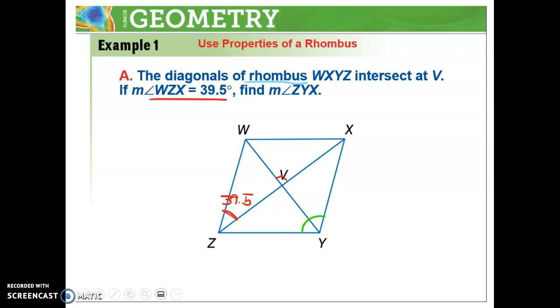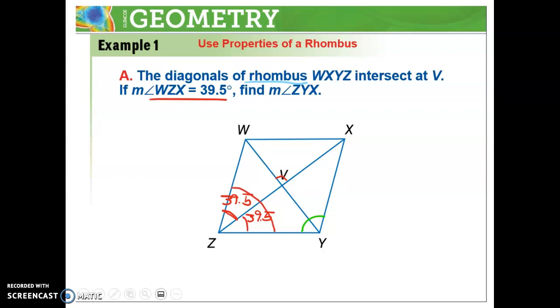With that being said, let's go back into red here. If this is 39.5, we also know that this side is also going to be 39.5. So we get a total for this angle right here of 39.5 and 39.5.